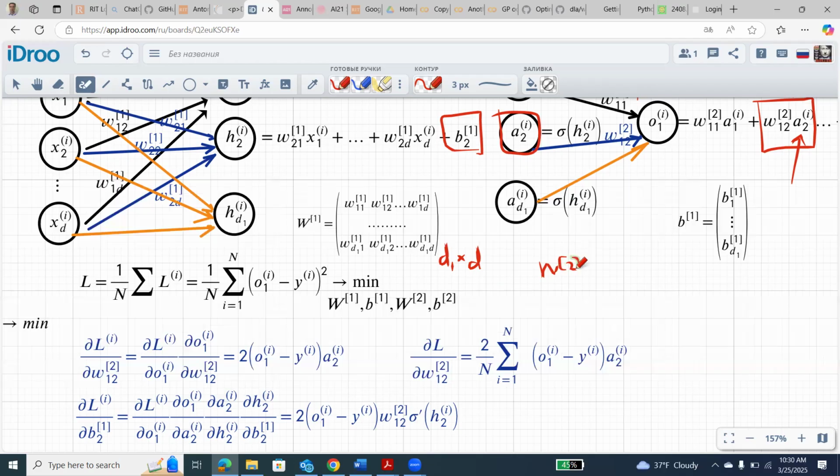Because the output is one-dimensional, it will be just one row, of size the output size times the hidden size.